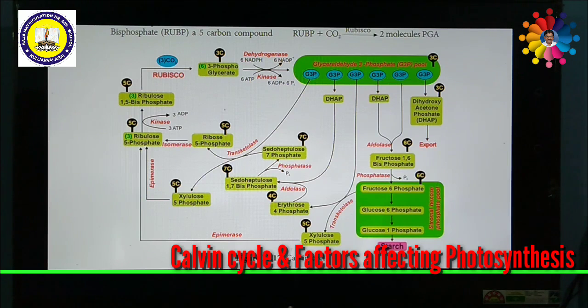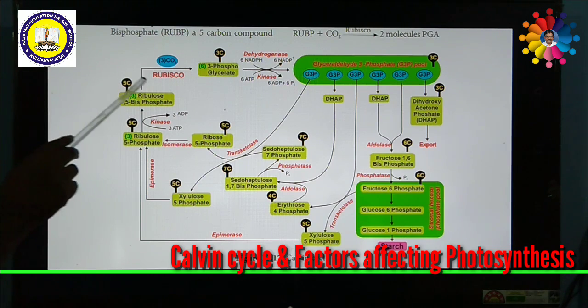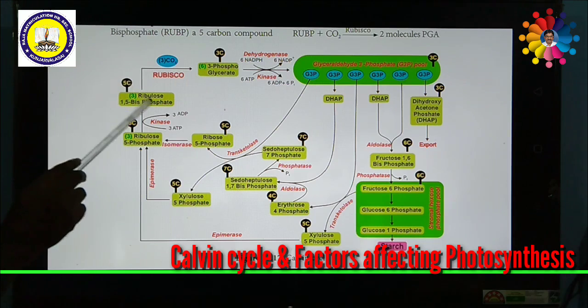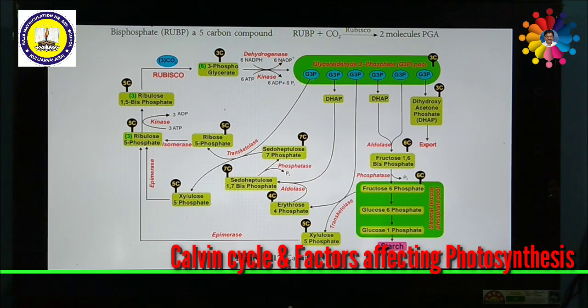Usually the dark reaction consists of 3 phases, namely carbon fixation or carboxylation, then the reduction process, then finally regeneration of RuBP or ribulose 1,5-bisphosphate. How this takes place, one by one we can see. So in this process, the carbon dioxide acceptor molecule is ribulose 1,5-bisphosphate, RuBP. This is a 5-carbon compound.